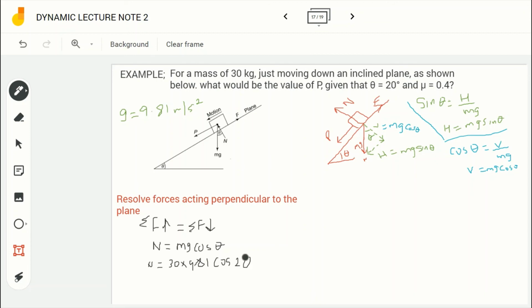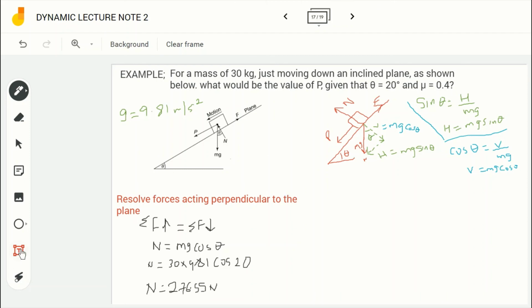So guys, when you log this into your calculator, your N should be 276.55. So my N, which is the normal force, is 276.55 Newton. That is the value for my normal force, which is acting upwards.